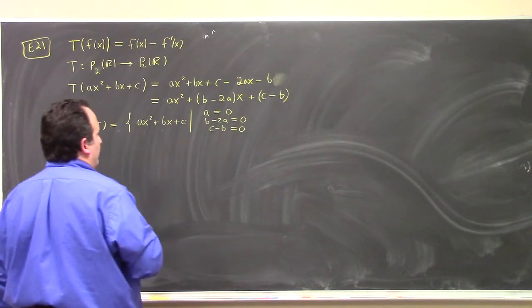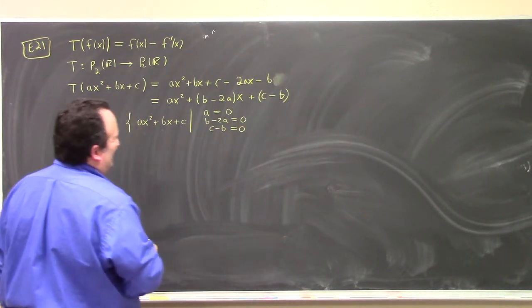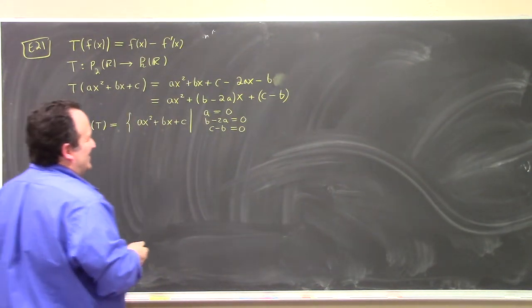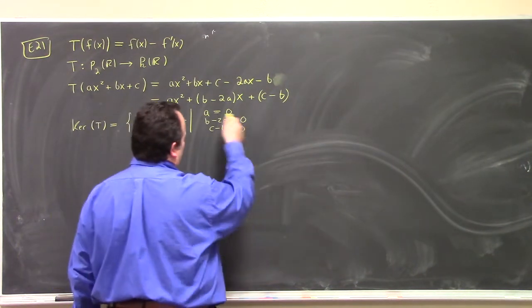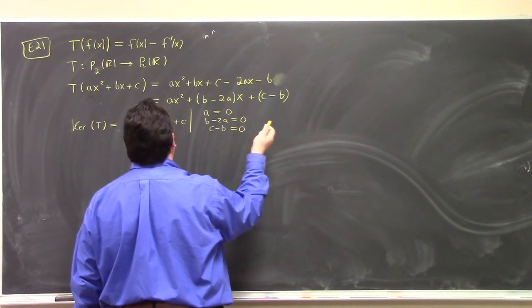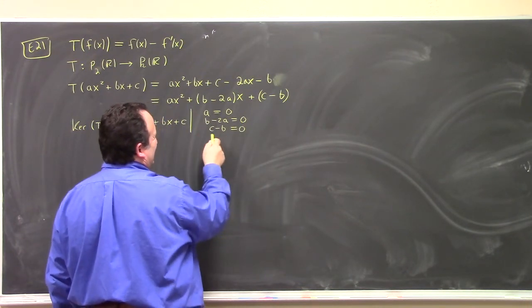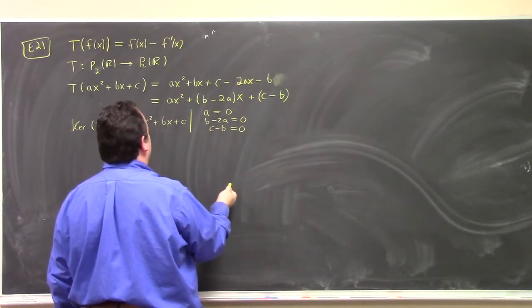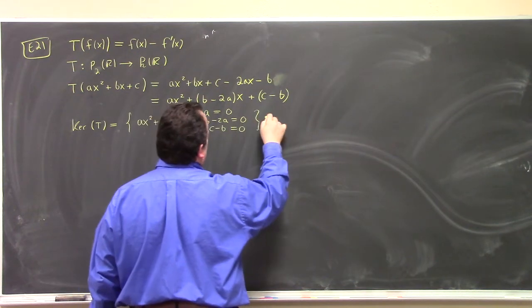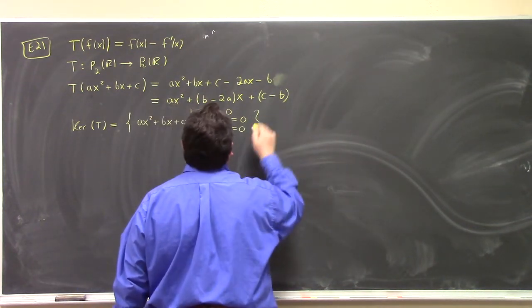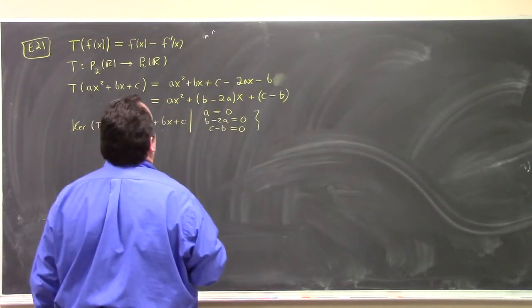It could just be 0. That's annoying if that happened. So a is 0. Oh, curses, it's just 0. This gives me a equals 0, which forces b to be 0, which then forces c to be 0. So it's just 0. Aw, man. I didn't mean to accidentally rain on your parade. Son of a gun.